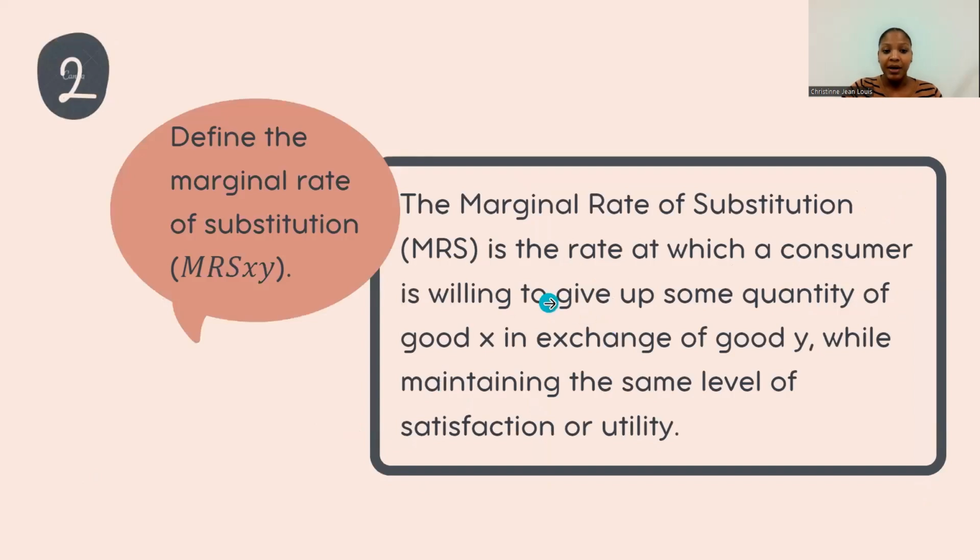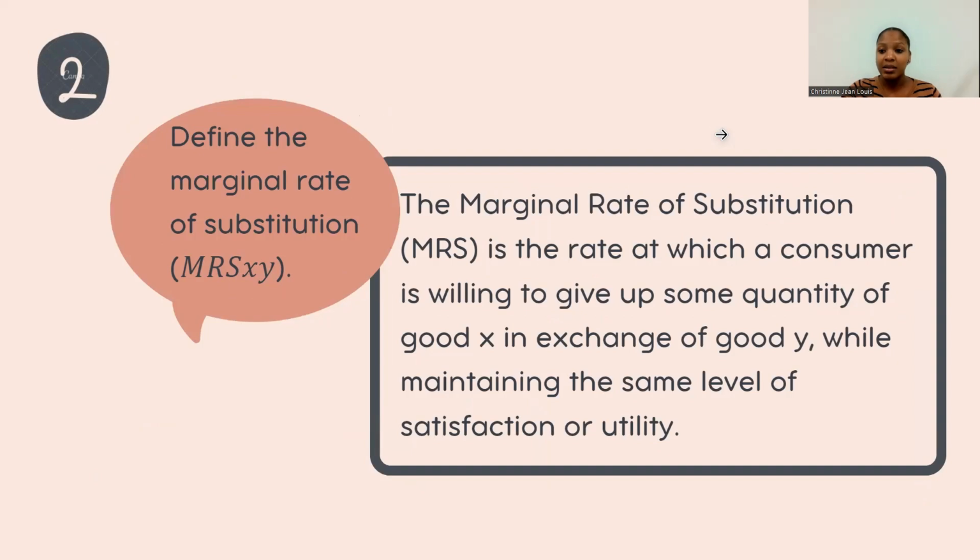Now, how do we define the marginal rate of substitution, MRS XY? Well, the marginal rate of substitution is the rate at which a consumer is willing to give up some quantity of good X in exchange for good Y, while maintaining the same level of satisfaction or utility.